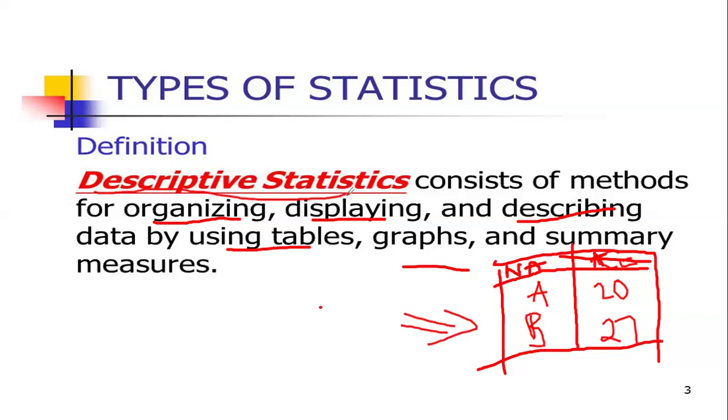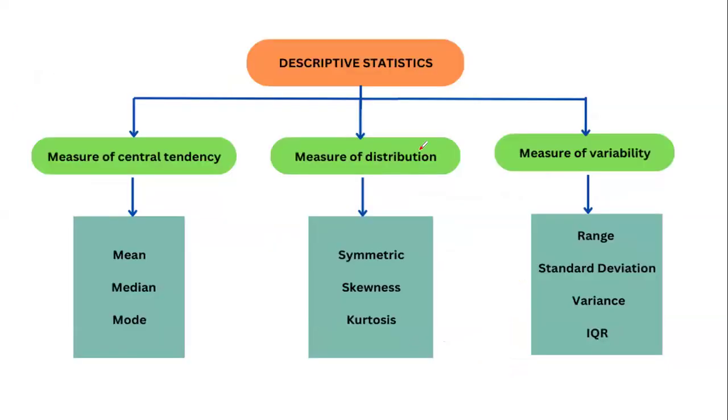Under descriptive statistics, we also have measures of distribution. As we move on with the course, we'll get to understand what symmetry is, skewness, and what we call kurtosis. These will come in when we start talking about distributions. The other subcategory under descriptive statistics is the measures of variability.